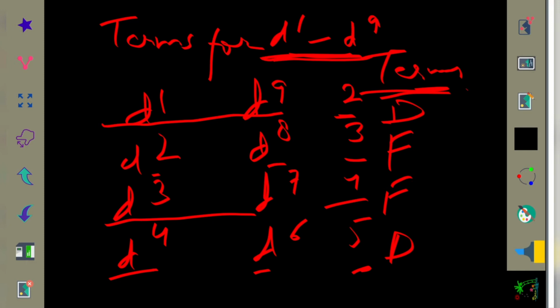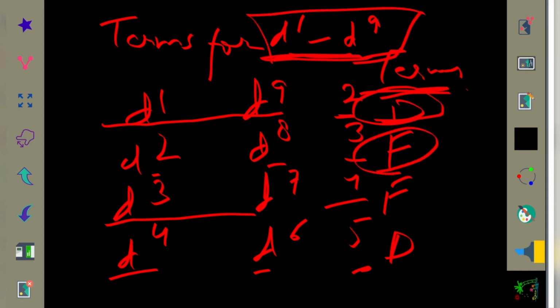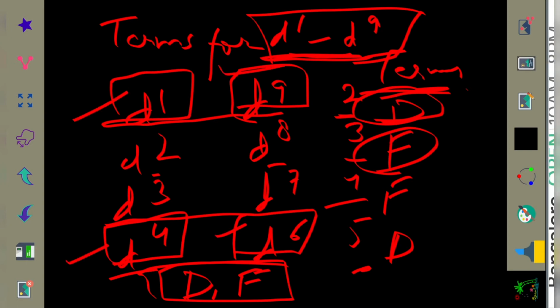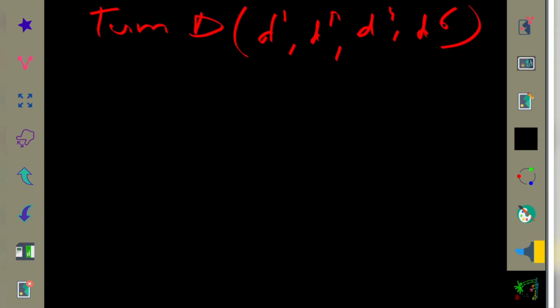Now one thing we can see over here is that only D and F terms are present for these types of complexes. That means we have to consider only D and F terms. The D term belongs to d1, d9 and d4, d6. So the Orgel diagram for d1, d9, d4, d6 can be represented in one diagram, and the diagram for the F state, that is d2, d8, d3 and d7, can be represented in one Orgel diagram.